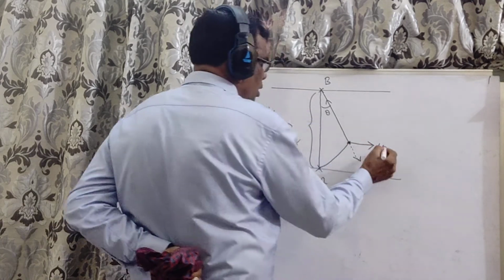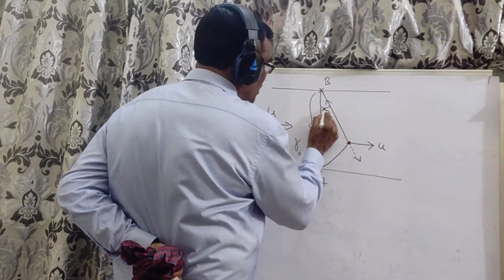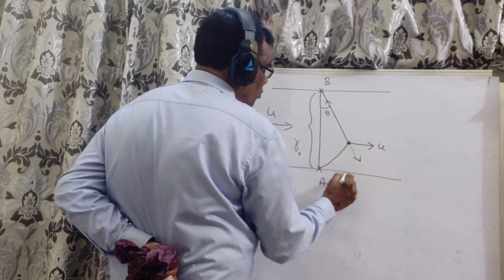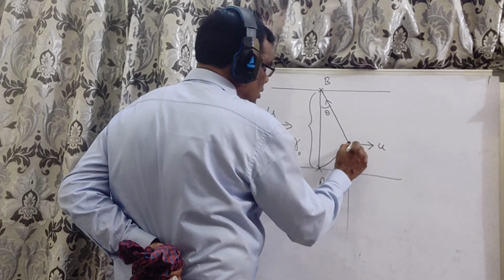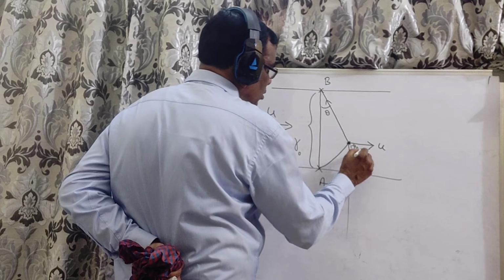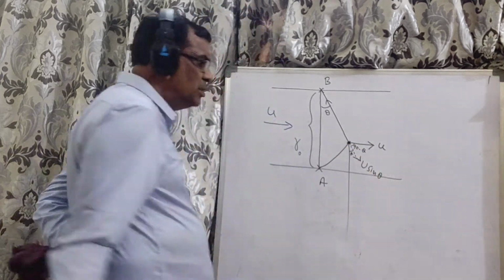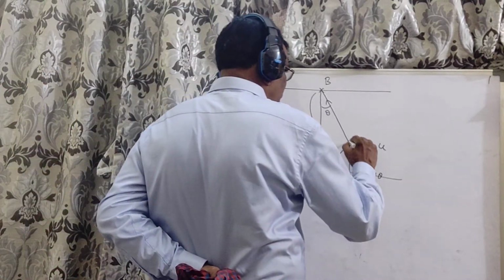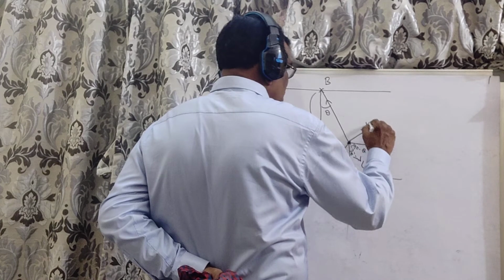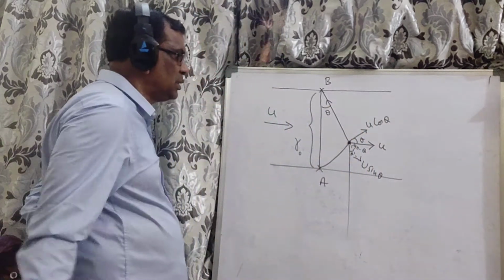Now this U, if I take a component of this, you know that this is theta, therefore this is theta, this is 90 minus theta, U cos 90 minus theta, U sin theta, along this R, and perpendicular to this R is U cos theta.